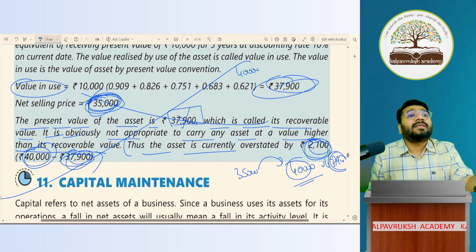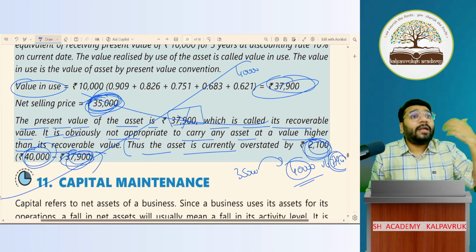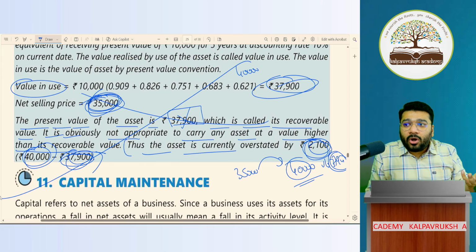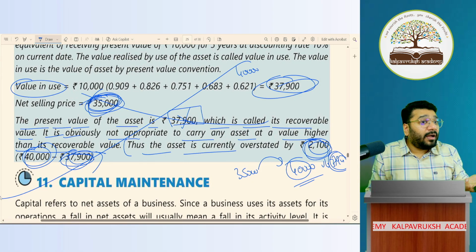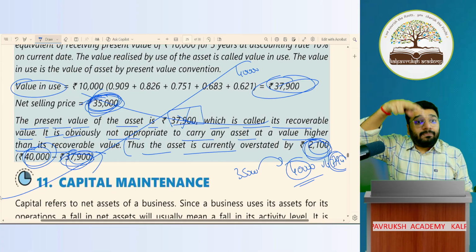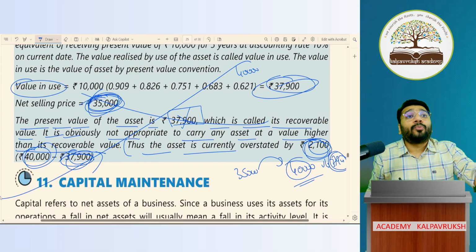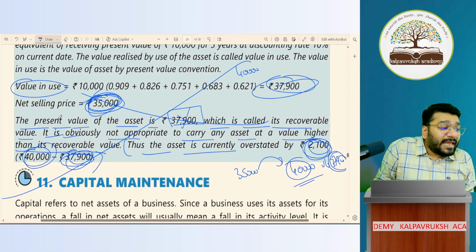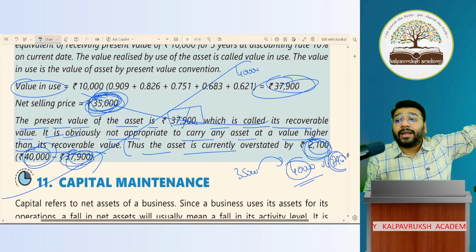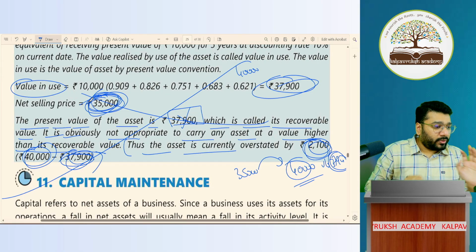But in case they ask this question specifically in the context of the framework, calculate the present value, calculate the current cost, calculate the realizable value, and which is the better method, you have to apply your mind. Like how ASB applied the mind and decided the conclusion, like that you have to apply the mind. So here, which is the more prudent method? Recording the asset at the realizable value is much better if you don't want to record at the historical cost. Got it, not got it? Clear or not clear? Okay.